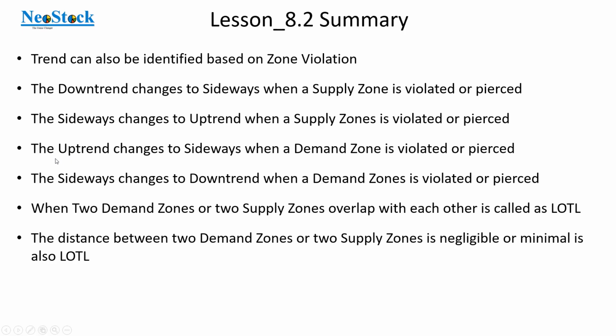Next, the uptrend changes to sideways when a demand zone is violated or pierced, and the sideways trend changes to downtrend when the next demand zone is violated or pierced. This is how you can observe trend changes based on demand zone violation or supply zone violation.